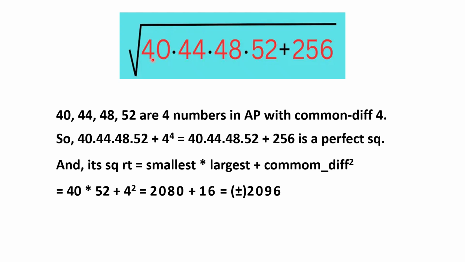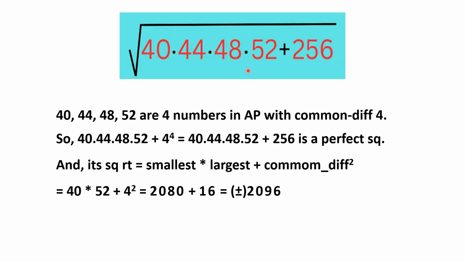So smallest is 40, largest is 52. You multiply and then add the square of common difference. Common difference is 4, so square of common difference, 4 square. So 40 into 52 giving you 2080 plus 4 square 16. So 2096 is the required square root.